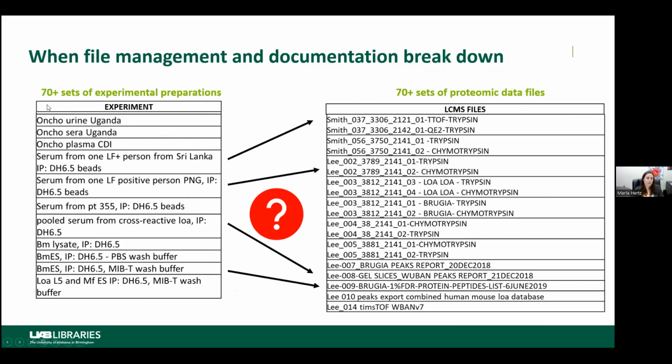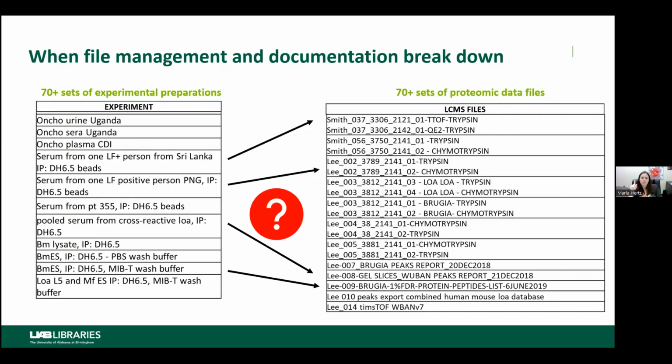Over the years, we had accumulated over 70 different sets of experimental preparations, either from a patient sample or from a specific parasite, prepared in a number of ways. Those were sent to the proteomics core facility, where they determined what proteins were present in the sample. And then they sent us back these LCMS files that told us about the proteins and peptides in the sample.